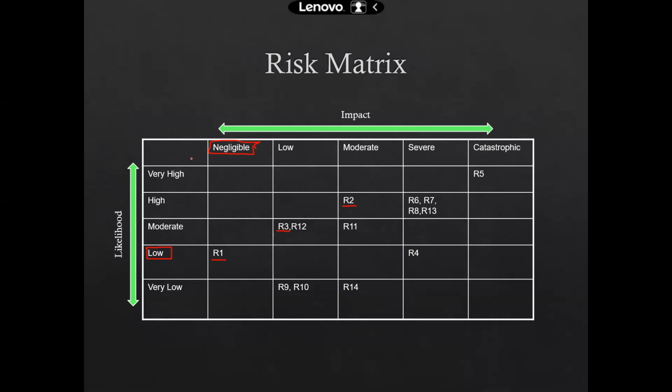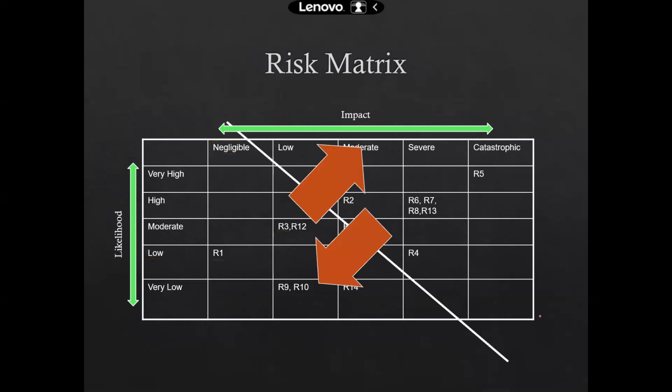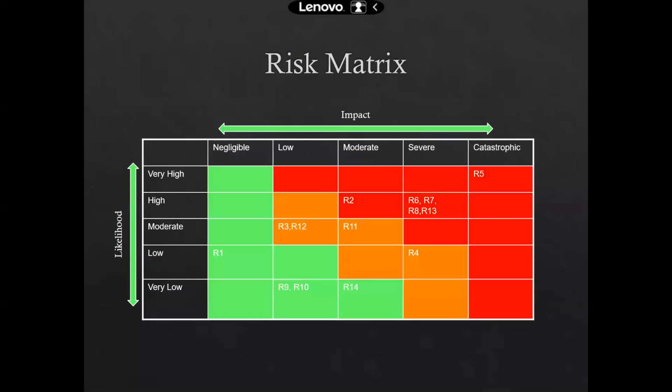Once it is done, just draw the line over here in the middle, just like this. Anything above this goes towards high, anything below this goes towards low, anything coming onto the line is a medium. So once we do it, we get this.